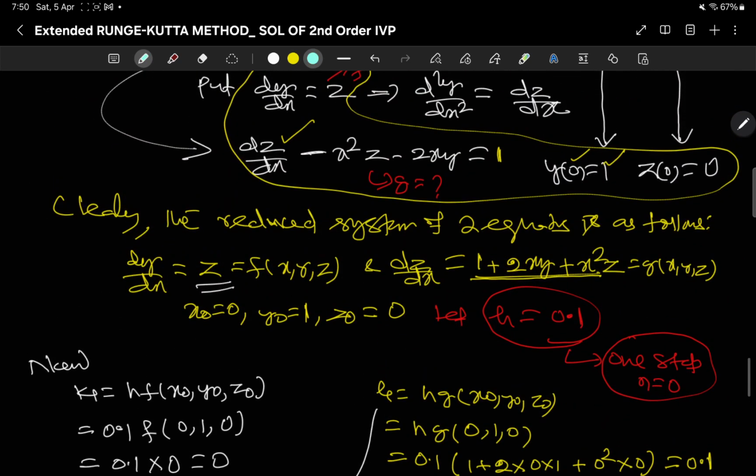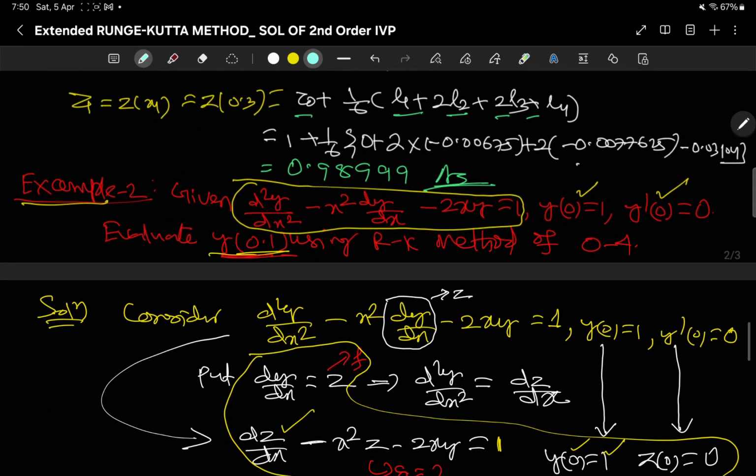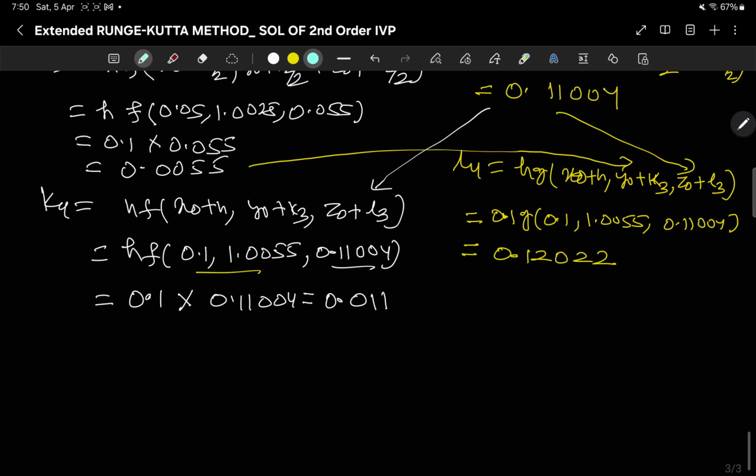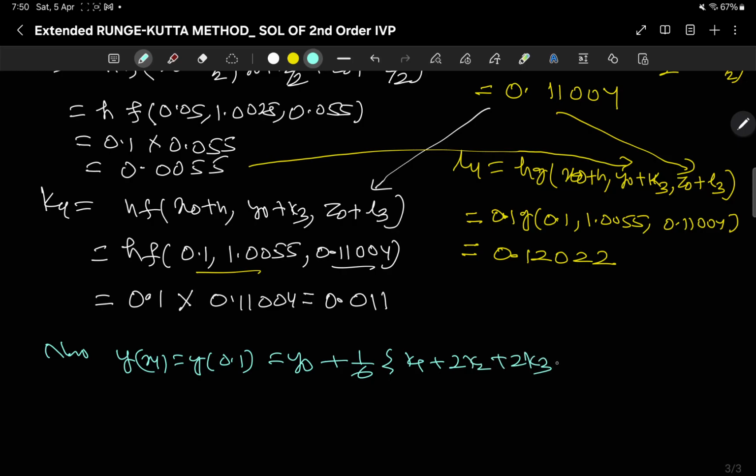So now here we have to find only y of 0.1. My y of x1 is y of 0.1 is y0 plus 1 by 6 (k1 plus 2 k2 plus 2 k3 plus k4). Here L is not required.